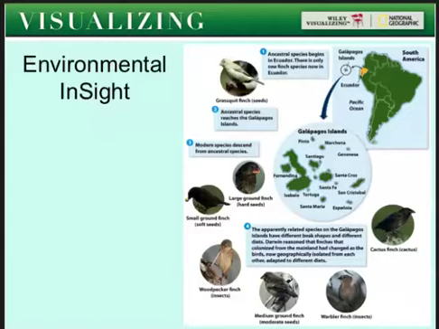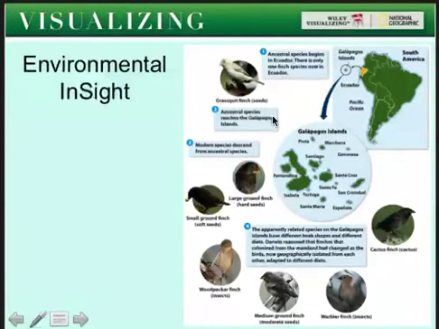So if we go back in time a bit before Darwin arrived on the Galapagos, the probable sequence of events began with an ancestral species of finches that lived in South America, probably in or around Ecuador. What happened is that these birds migrated to the Galapagos Islands.